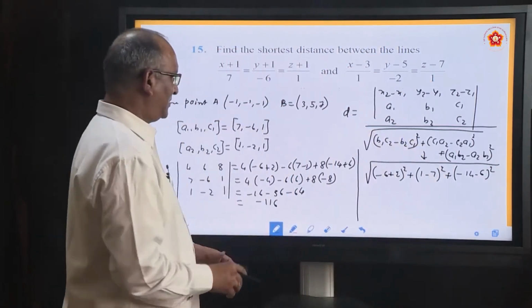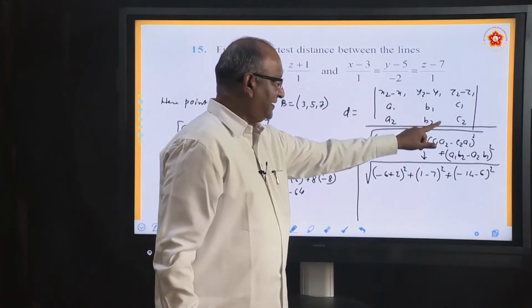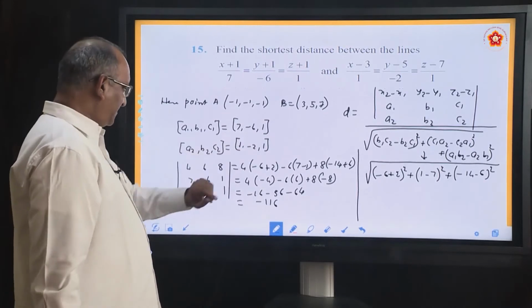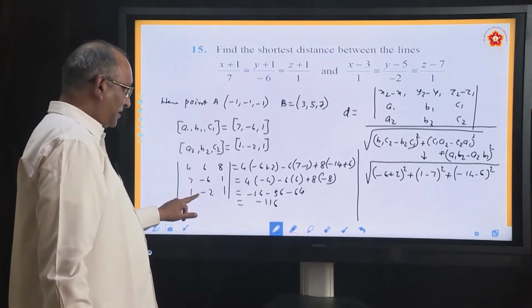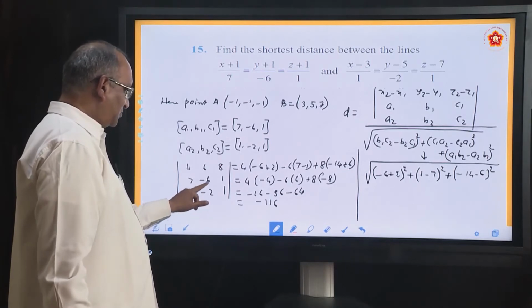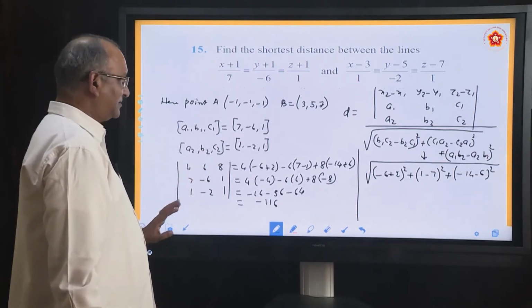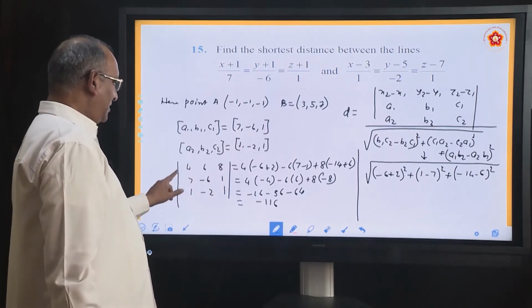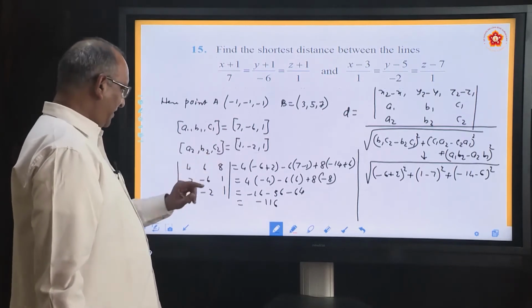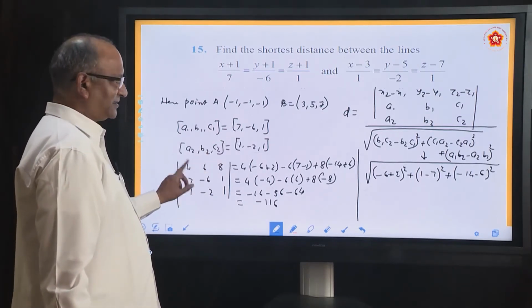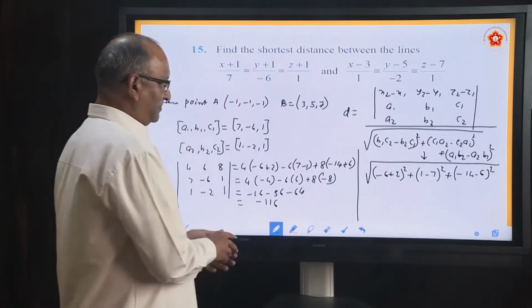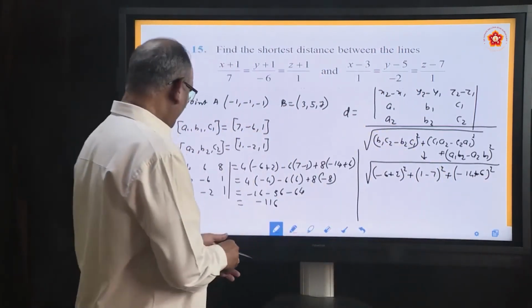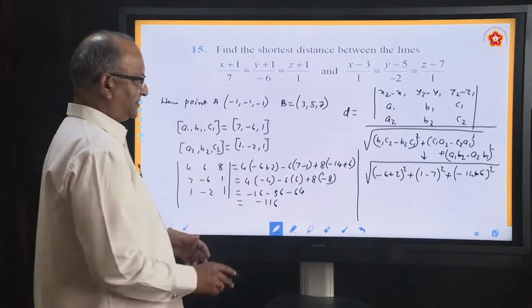Once again you check up, the formula says B1 C2 minus 6 into 1 minus 6, minus B2 C1, minus 2 into 1 minus 2, with minus it will become plus. Next is C1 A2, 1 into 1 minus 7, correct. A1 B2, 7 into minus 2, minus 14, plus 6. Minus 14 plus 6, yes.